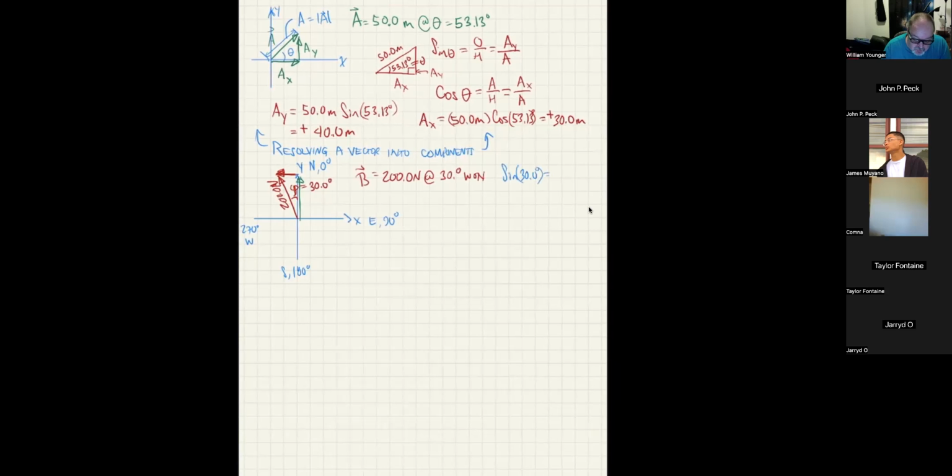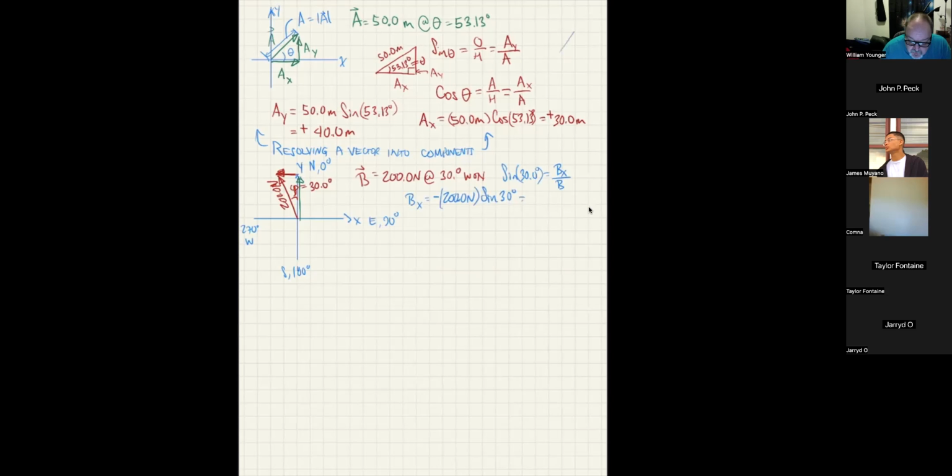So that becomes b sub x over just plain b. So that means b sub x is going to equal, and here's what I mean, I've got to force that negative in there. I'm putting that negative in there because I know it points to the left. So I'm going to take 200.0 newtons times negative times the sine of 30 degrees.